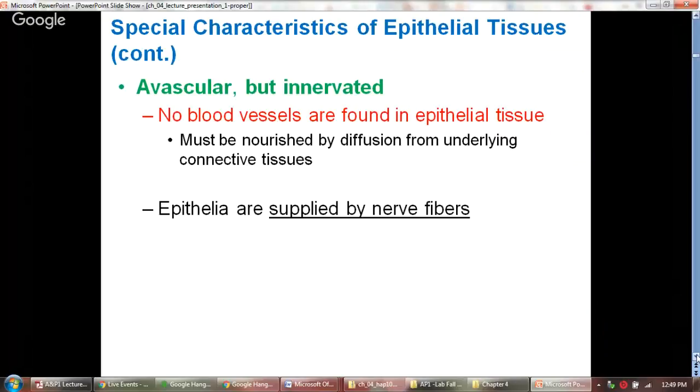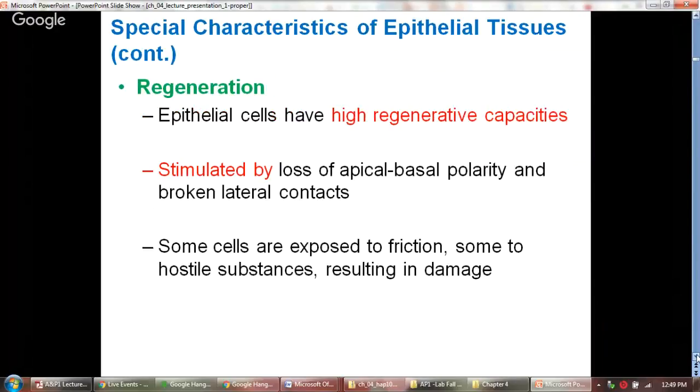The nutrients come through diffusion to the epithelial tissues. But at the same time, it is innervated by nerve fibers, so it has a good supply of nerve fibers.